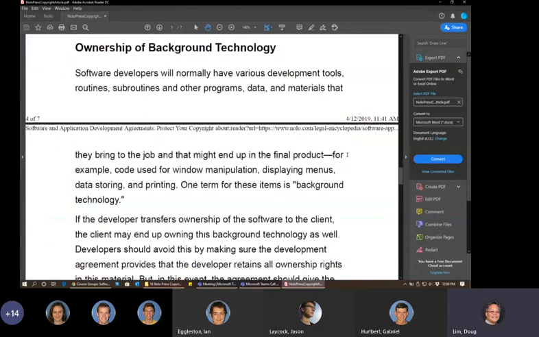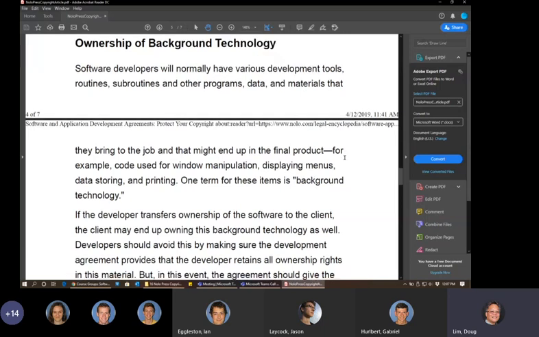So here's a caveat for software developers. Like I was alluding to earlier, there are normally various development tools, routines, subroutines, and other background technology that is integral to your work cycle that you use for providing software for all your clients.